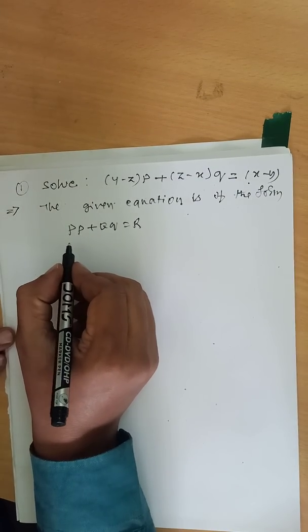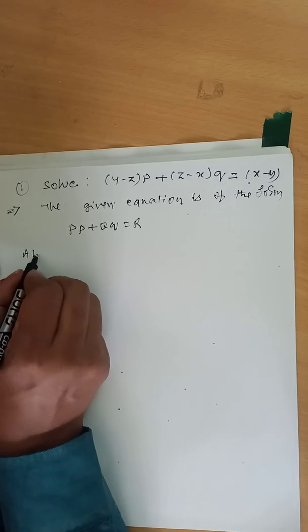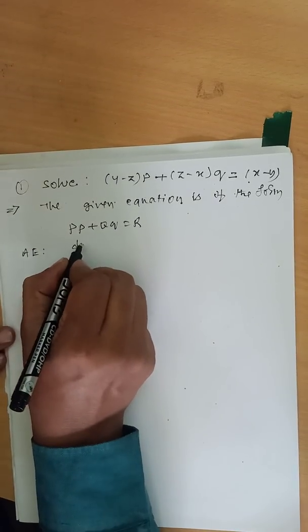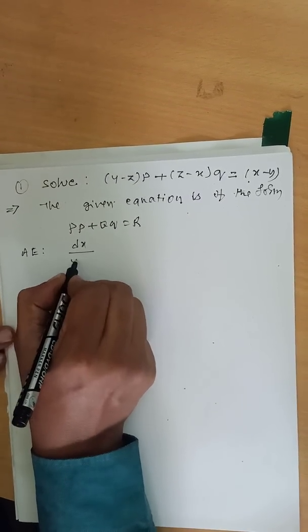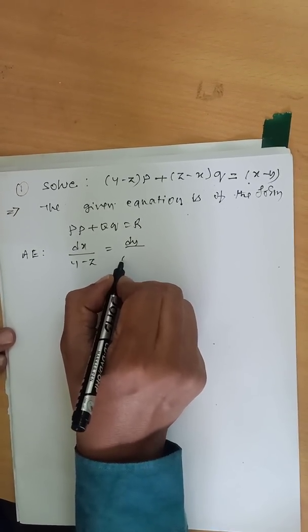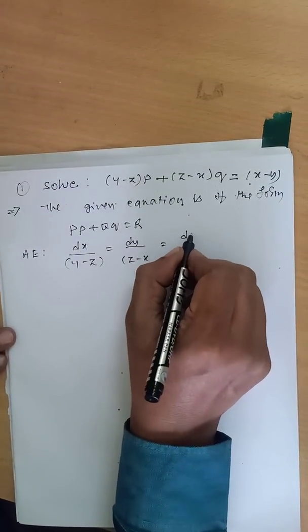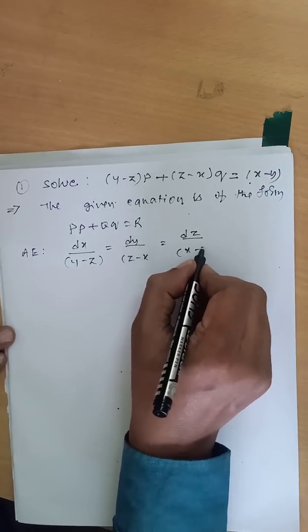After confirming this, you write the auxiliary equation in the form dx by capital P, that is y minus z, dy by capital Q, that is z minus x, is equal to dz divided by x minus y.